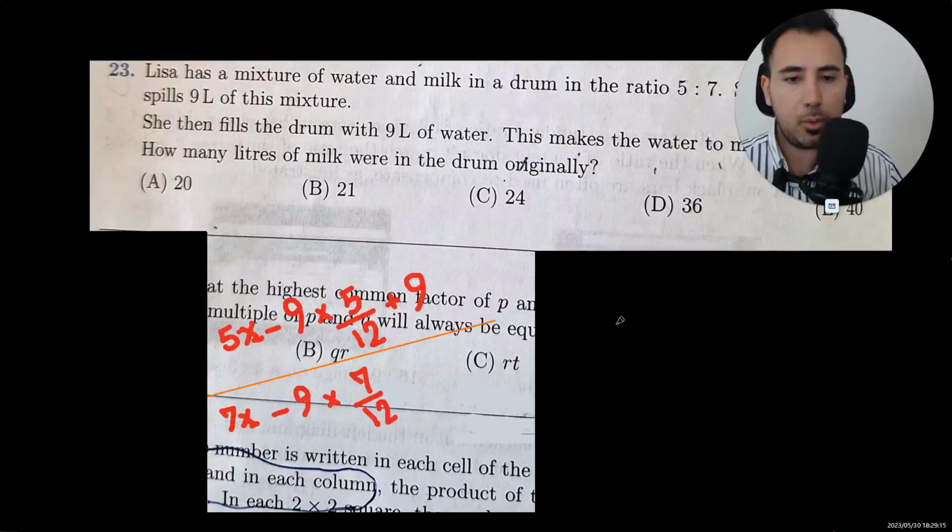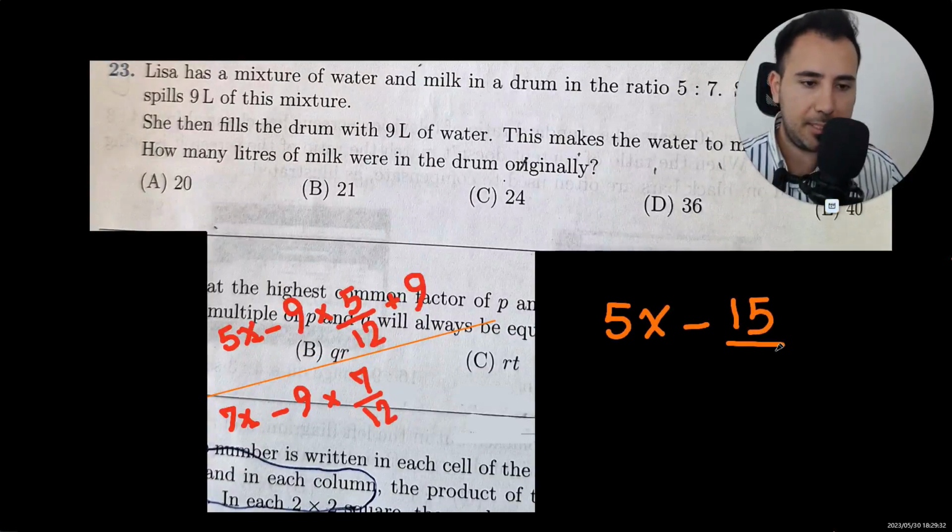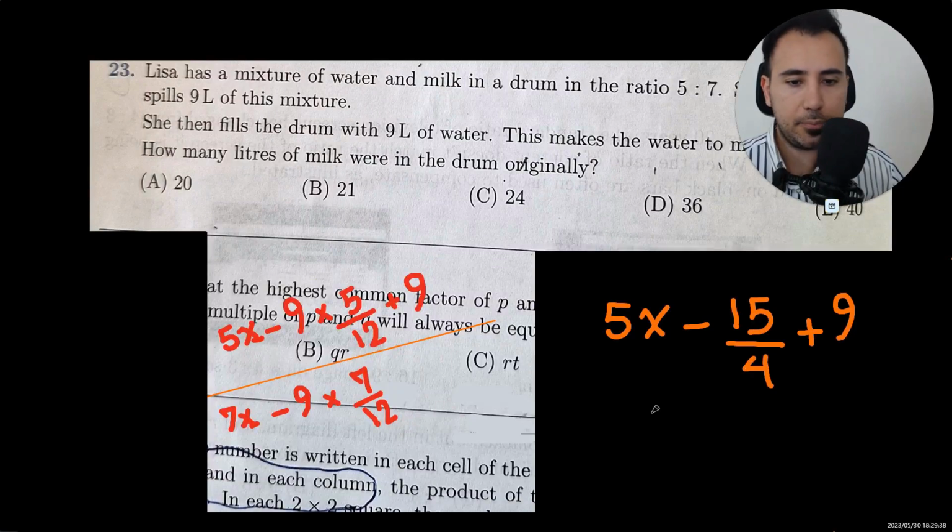So now we know 5x minus, okay, let's simplify these now. It's going to be 3 over 4, 15 over 4. This is the amount of water we lost during the spill, plus this 9.